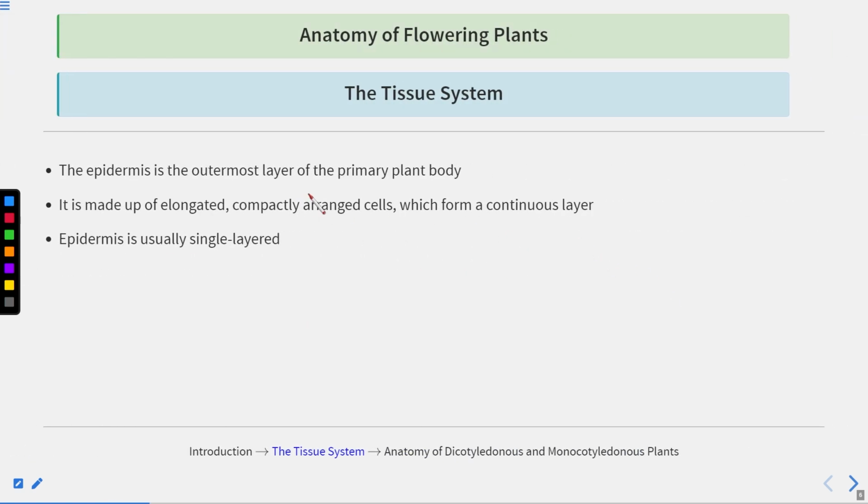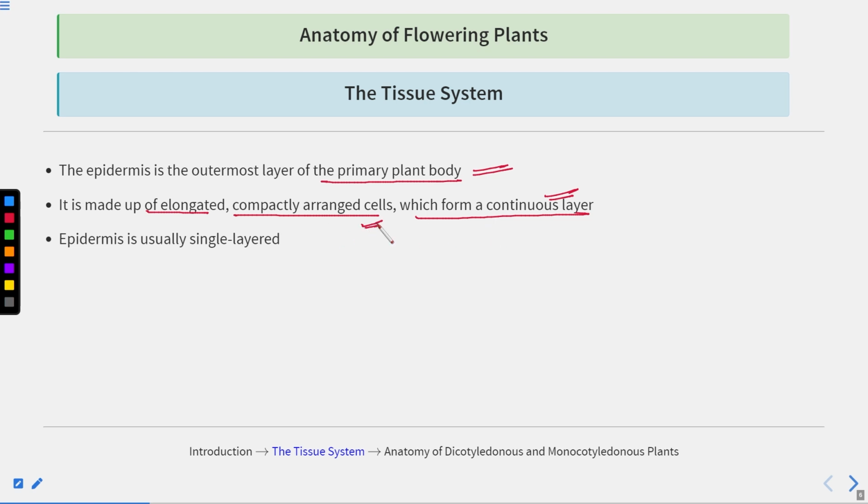The epidermis is the outermost layer of the plant body, and it is made up of elongated, compactly arranged cells which form a continuous layer. There is no space in between the cells.